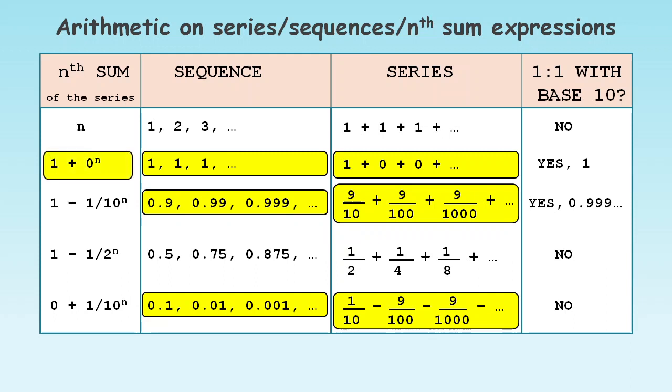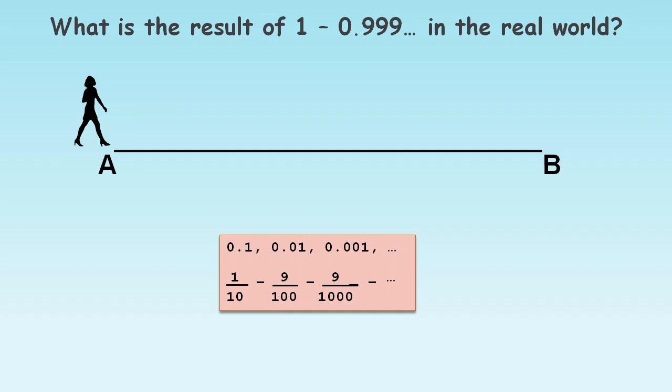And when we do the subtraction, we get a result of 0 plus 1 over 10 to the power n. Unlike 1 and 0.9 recurring, this result can't be mapped to base 10 place values. This result might describe a series of journeys in the real world.